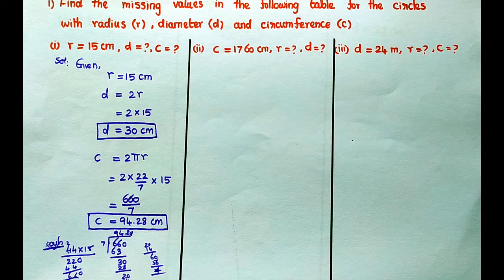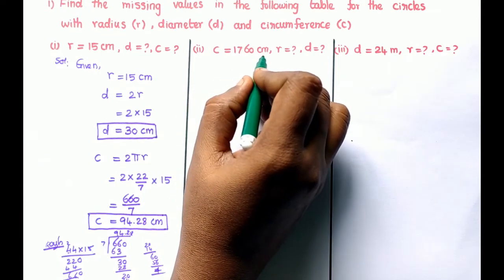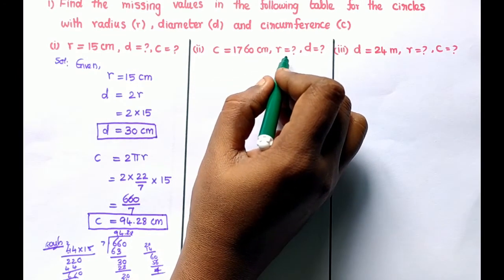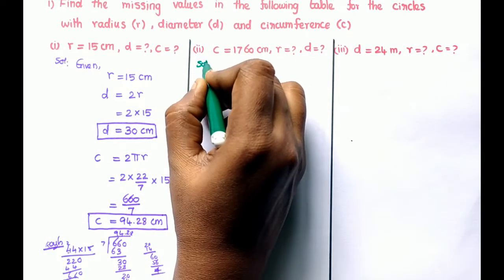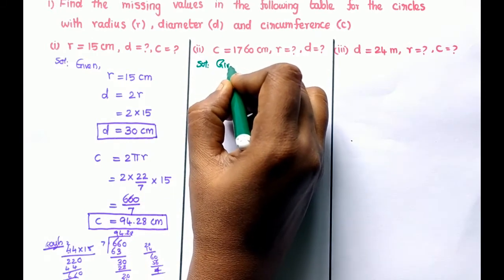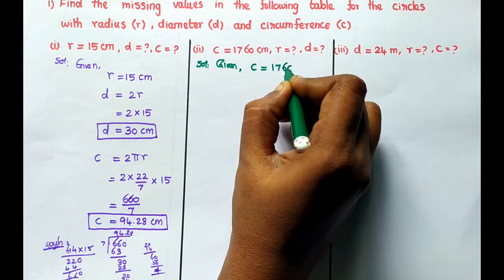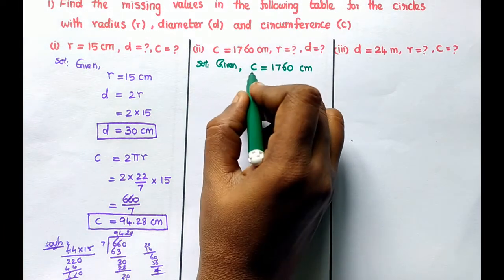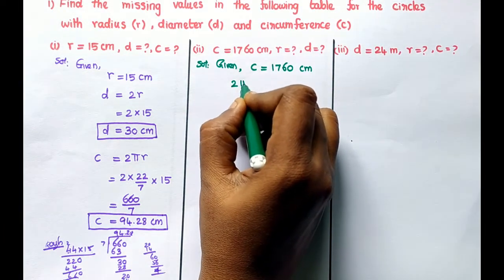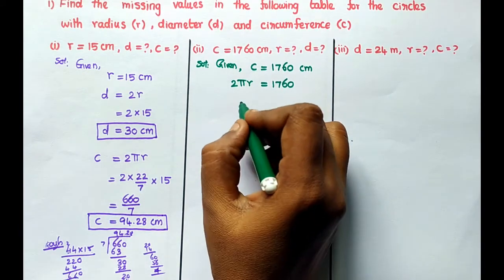Next one. C equal to 1760 centimeter, and we want to find r and diameter. Listen. Given C equal to 1760 centimeter. What is C? That is 2 pi r equal to 1760.